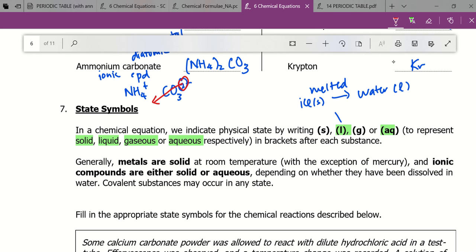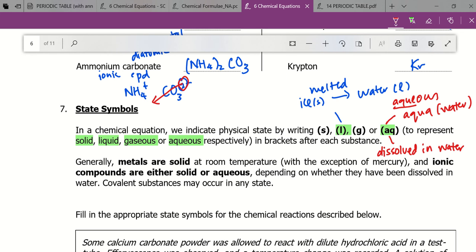What is aqueous then? If you look at the word aqueous, the root word of it is aqua, which means water. So what this means is that aqueous means dissolved in water.